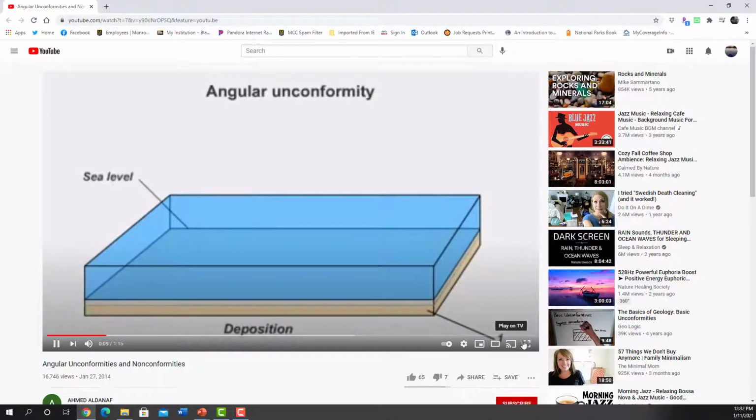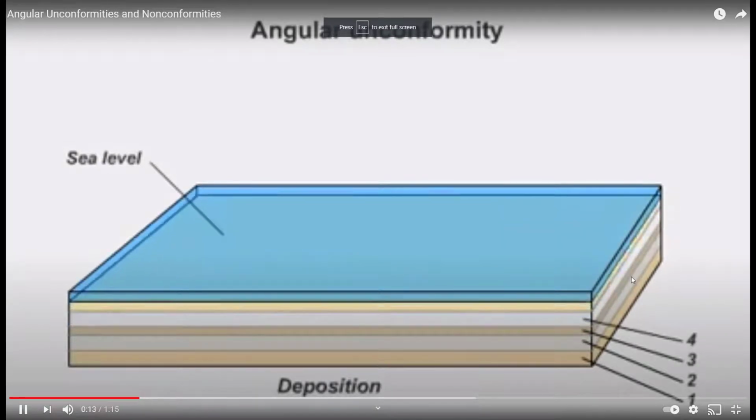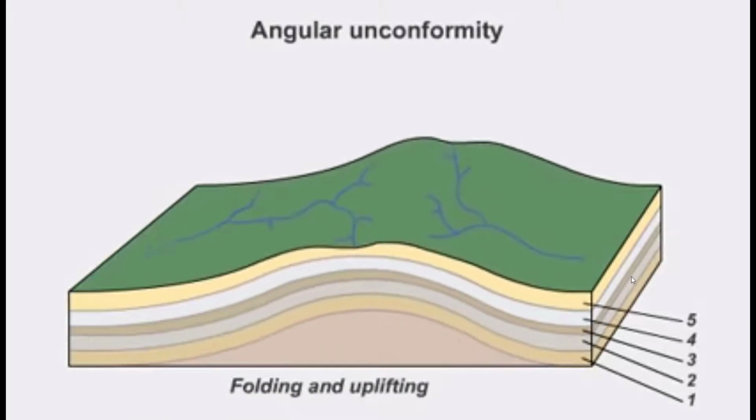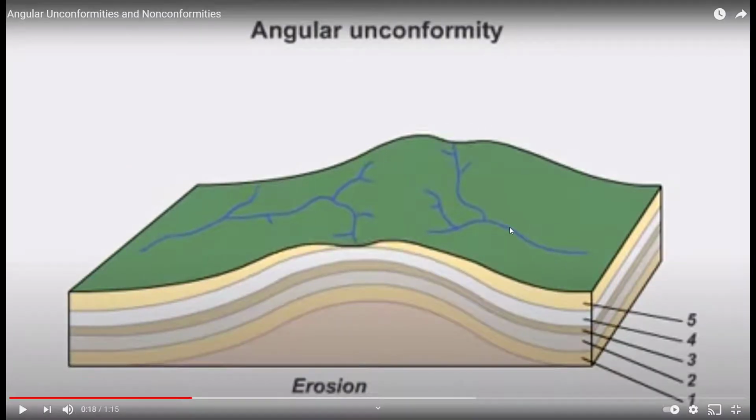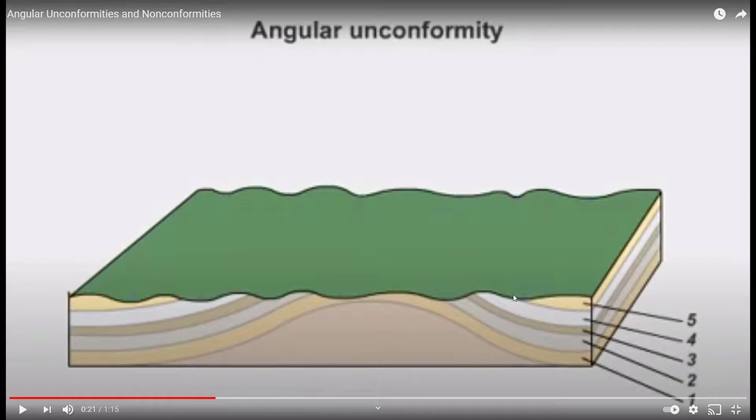So angular unconformities form when you have a series of sedimentary rock layers that are deposited. Typically this is done when sea level is high, and then sea level falls. When sea level falls, and especially when rocks are uplifted, you can see that they're tilted. And when they're tilted, you start to have erosion at the highest elevations. As that continues, you have leveling of the ground surface. This is where we've lost all the rock layers that used to overlie this erosional surface.